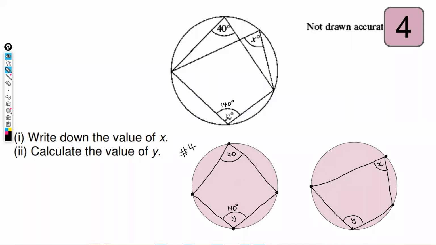Now, if it's 140 degrees in this diagram, it's still 140 degrees because both of them is y. And since you have another cyclic quadrilateral here, the opposite angles have to add up to how much? 180. So if here is 140, then over here has to be 40. 140 plus 40 is 180. So at the end of the day, x is 40 and y is 140.